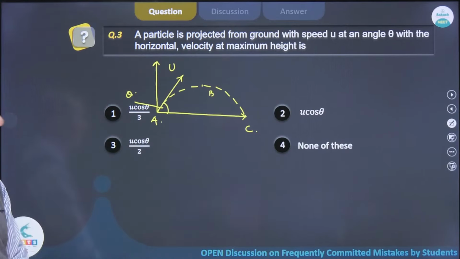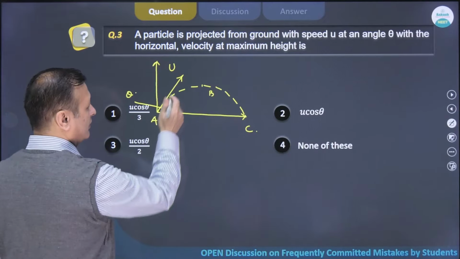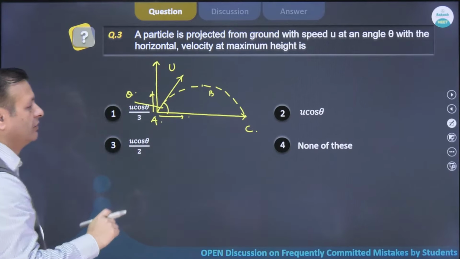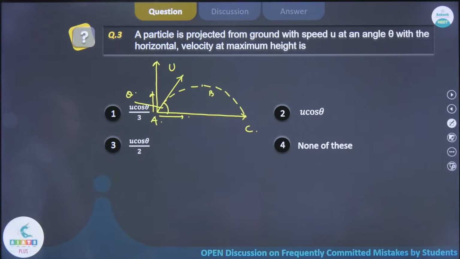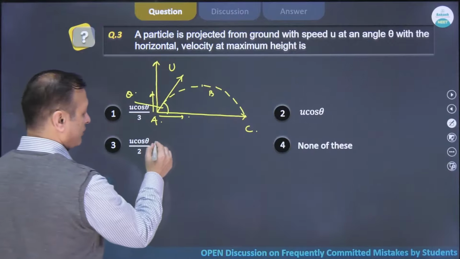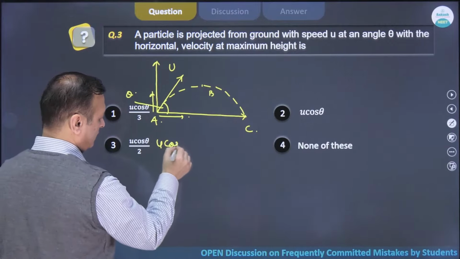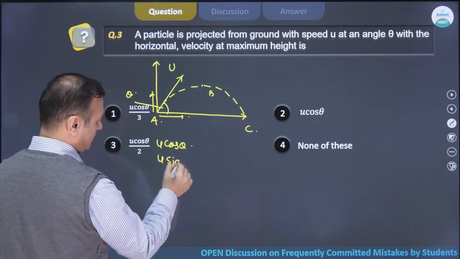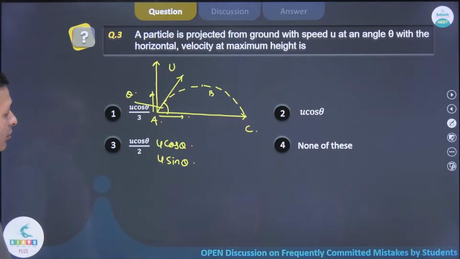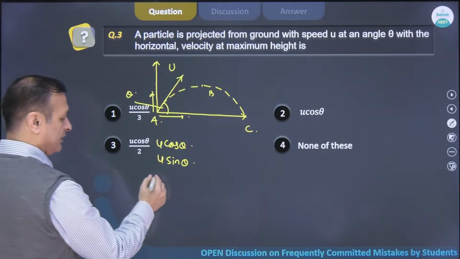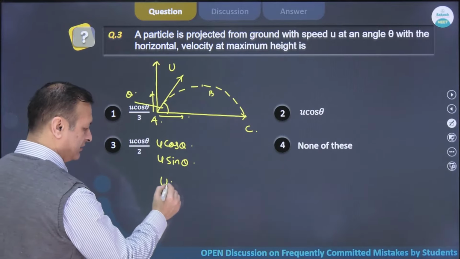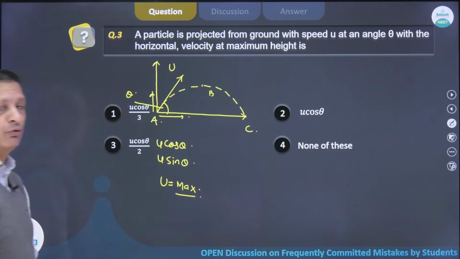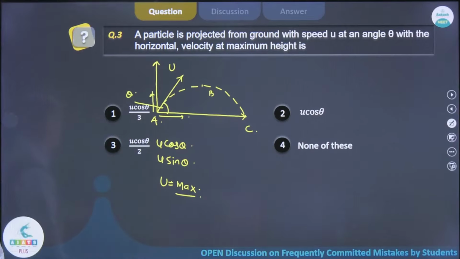So at point A, if you look at the components of this velocity vector with which it is projected, you have u cos theta along x-axis, and u sin theta along y-axis, and its speed is u, and this is maximum at this point of projection, that is A.